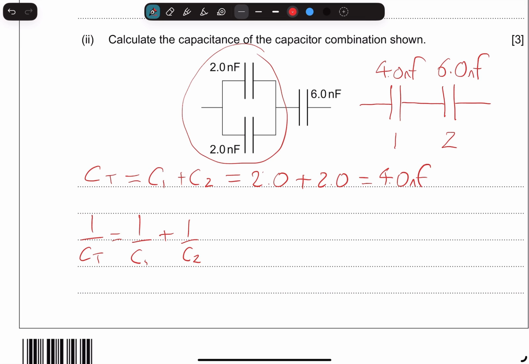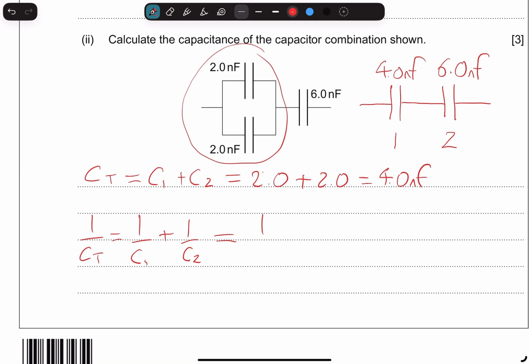So for capacitors in series, we use that equation to work out their capacitance. It's kind of the opposite of resistors. Resistors in series, you just add them up, and resistors in parallel, you combine their reciprocals. It's the opposite way around for capacitors. Capacitors in series, you combine their reciprocals.